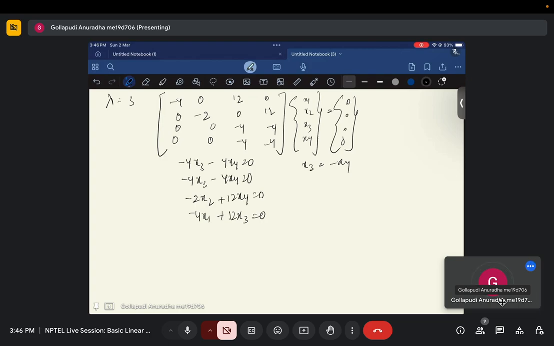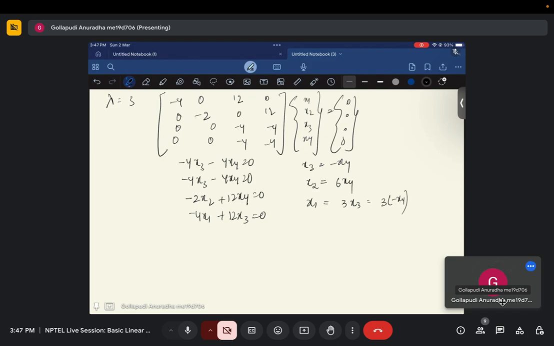And x2 will be equal to 6x4, and x1 will be equal to 3x3, which is equal to 3 of minus x4.